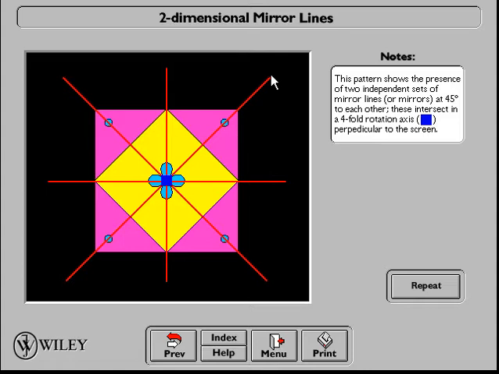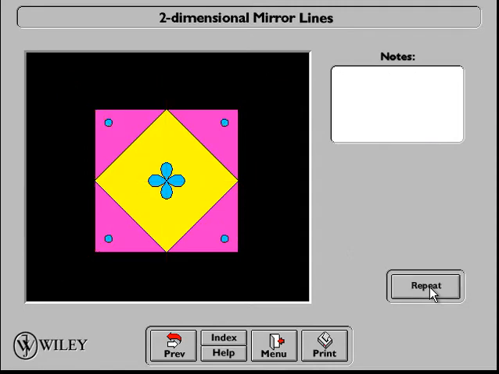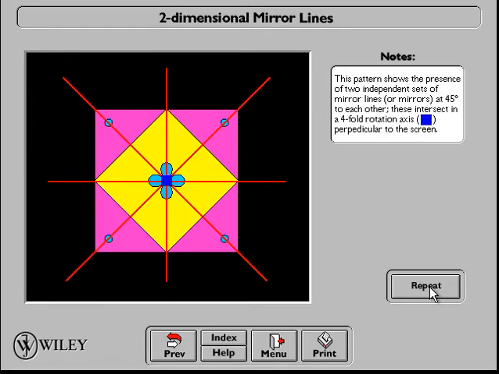These intersect in a four-fold rotation axis, and here we have the sign for the four-fold rotation axis, perpendicular to the screen. We can just repeat the whole thing. First one, second one, third one, fourth one, and the symbol for the four-fold rotation axis in the middle.